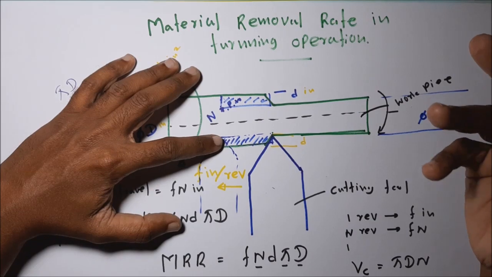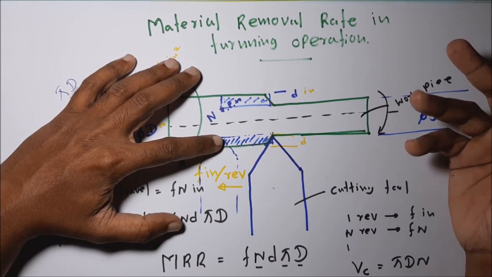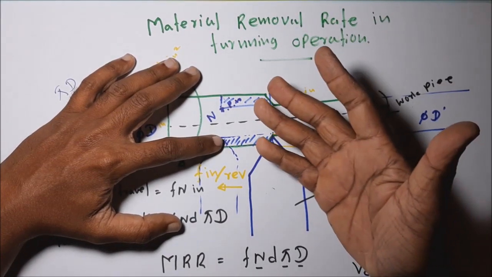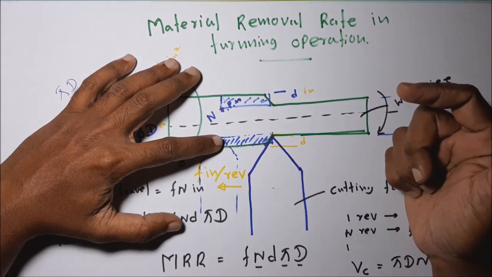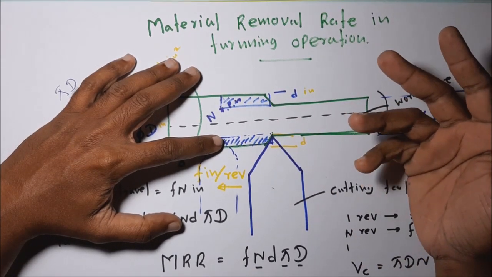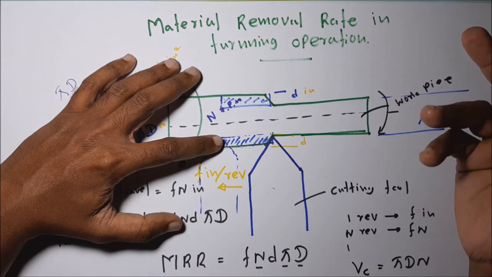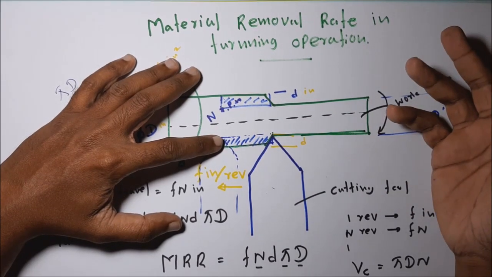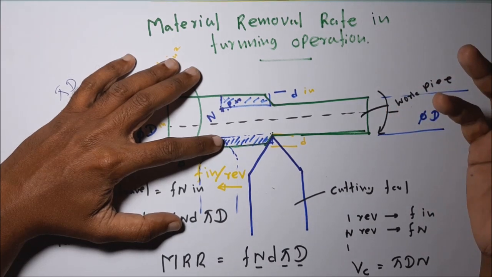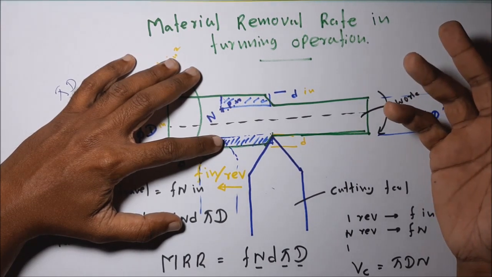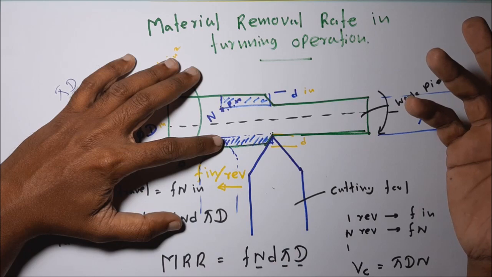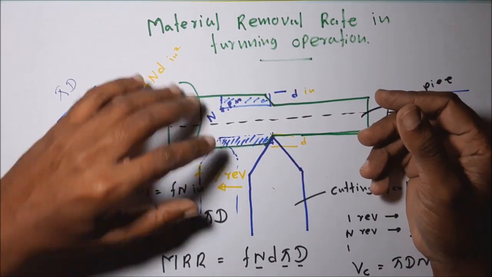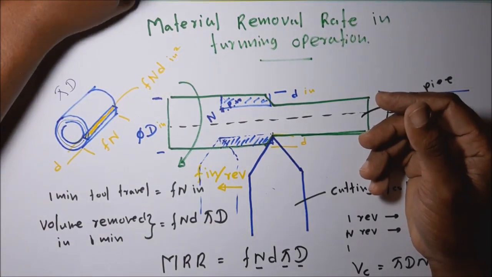Without knowing the material removal rate, we can't calculate machining time for a certain component, so we can't estimate the labor cost or the machining energy required.